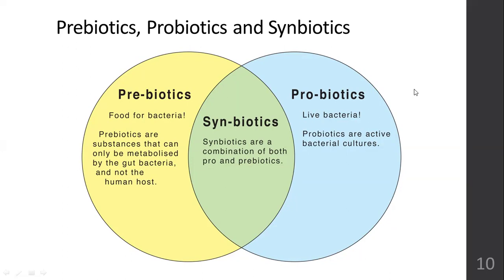So prebiotic food will not be easily digested by your body. It is resistant, like unripe bananas, resistant starches, okay, fiber, any insoluble fiber, not soluble, insoluble fiber, which cannot be digested properly by your intestine.